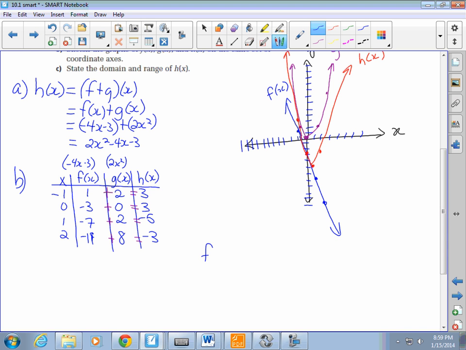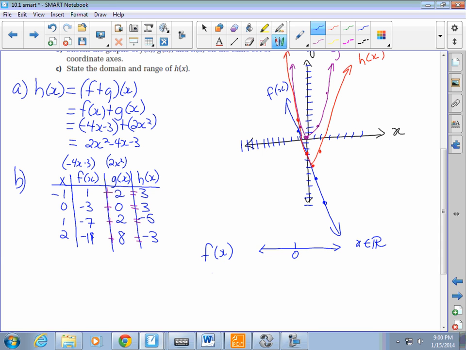So for my f of x graph, I could use any number. So my graph is going like this. So I could go x is an element of real numbers. It's the whole number line, right?